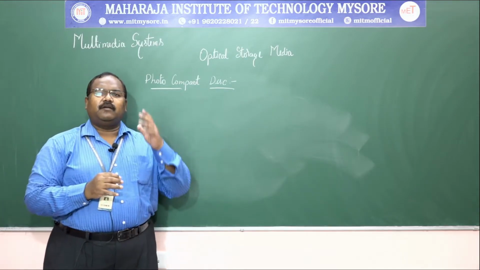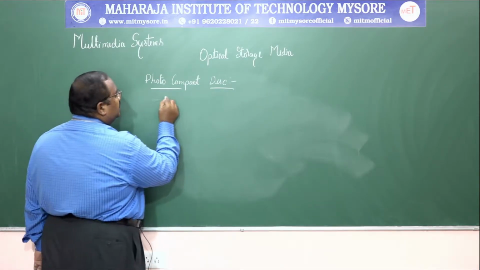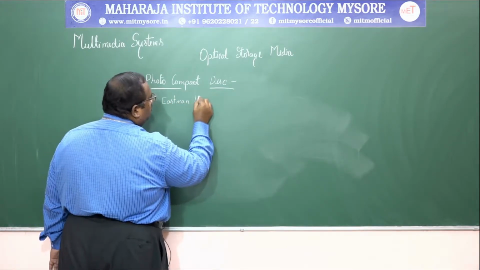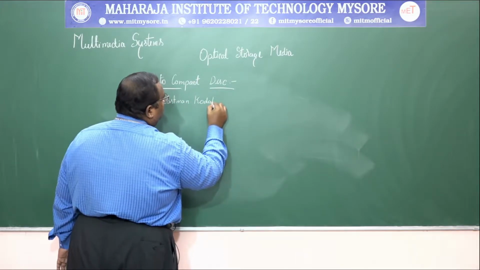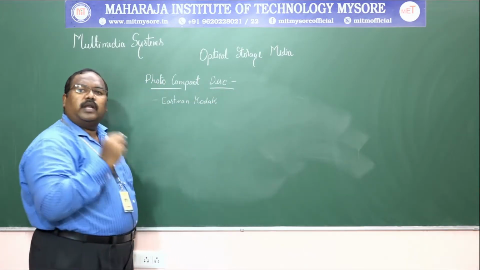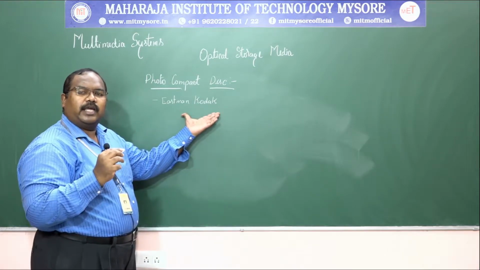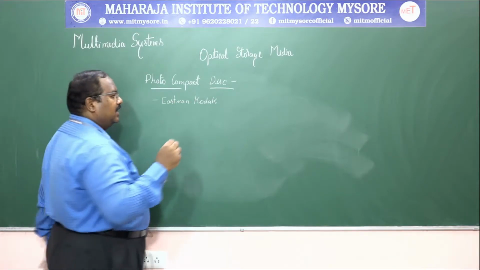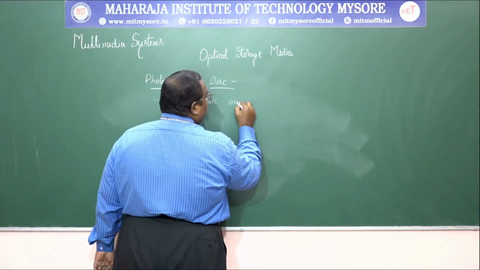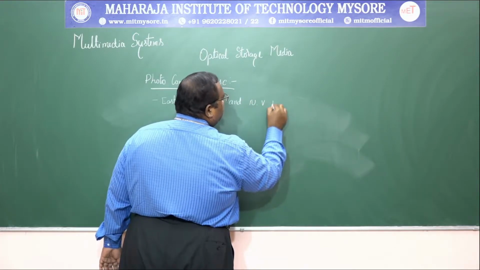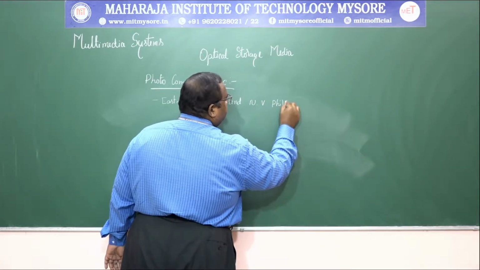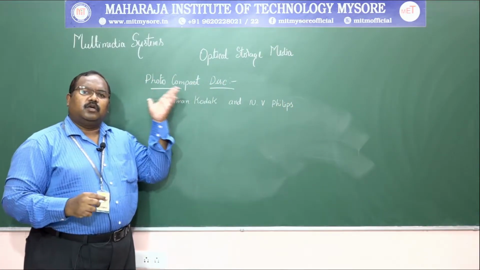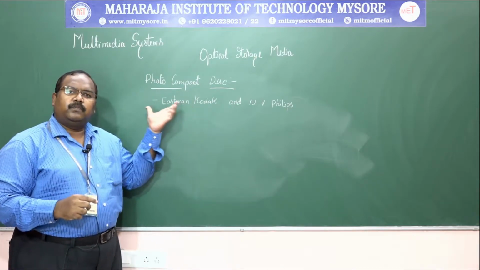This was developed by Eastman Kodak. You might be very familiar with the word Kodak with respect to photography, the films, the Kodak studios, etc. And the well-known N.V. Philips. So this photo compact disc was originally developed by these two brilliant companies.